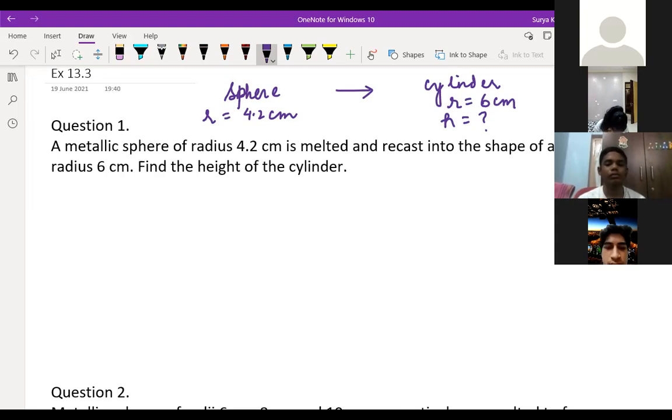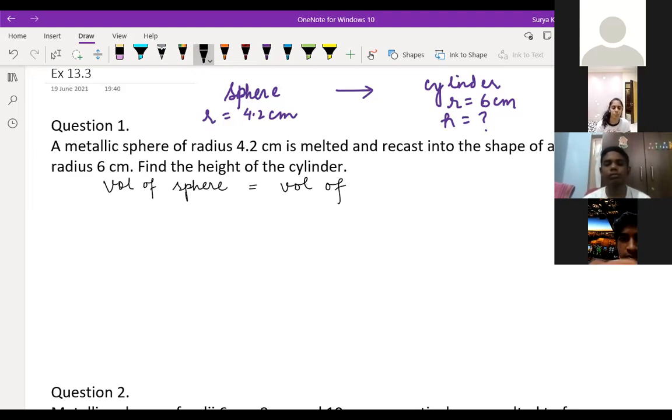This is very easy, children. Simply you should write that volume of sphere is equal to volume of cylinder. For the cylinder, write R1 and R2 because the radii are not the same.